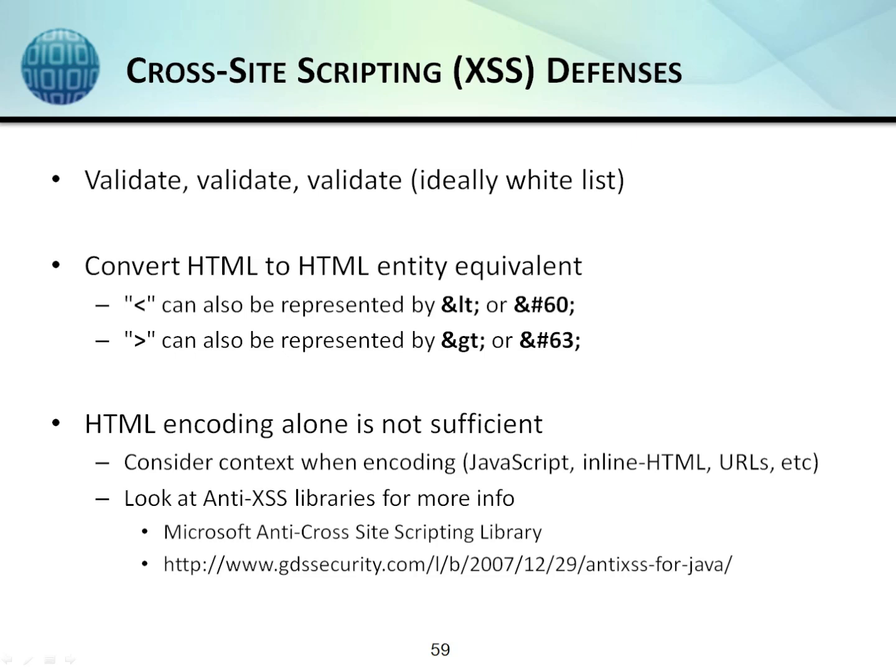The hard part is there's no way for a browser to tell the difference between valid JavaScript and invalid JavaScript, other than some browsers have built-in anti-XSS protections through the URL.